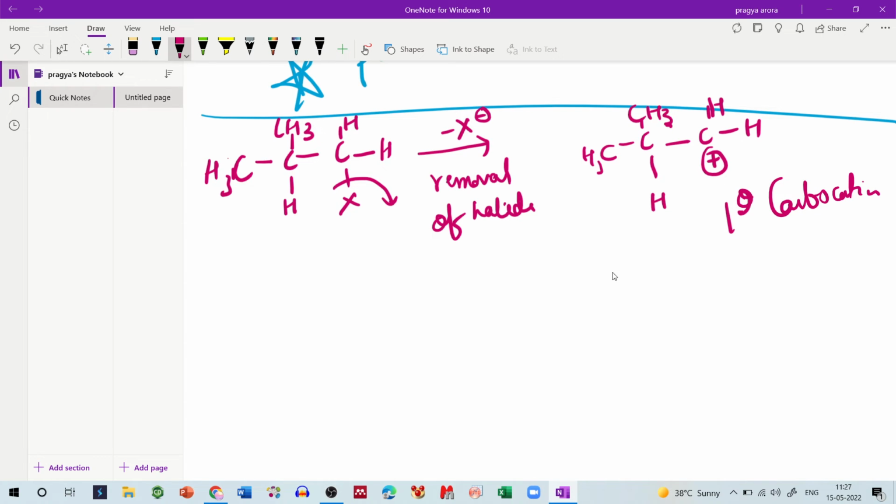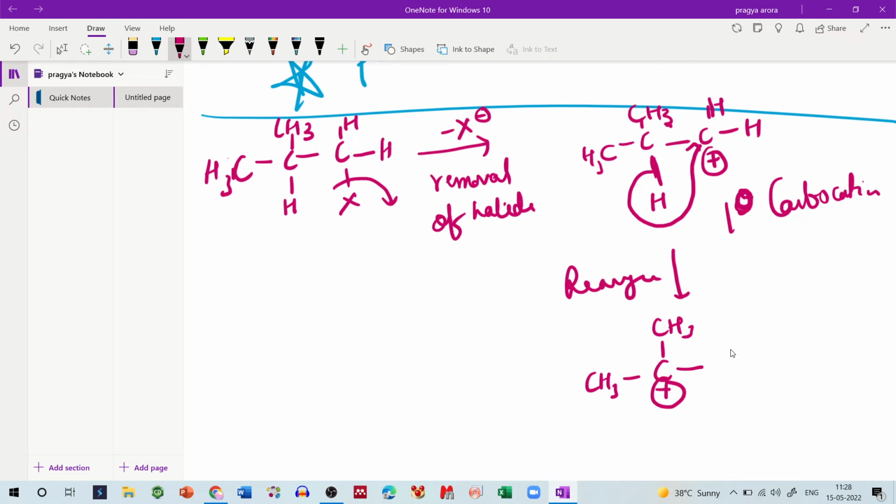Can you see the possibility of rearrangement? If we perform the rearrangement over here, a 1,2 hydrogen shift, if this hydrogen goes to this carbon, then what kind of carbocation will we have? CH3, CH3. The positive charge will form over here. Now, the generated carbocation is a tertiary carbocation. So, out of the two, the primary and the tertiary, which do you think is more stable?